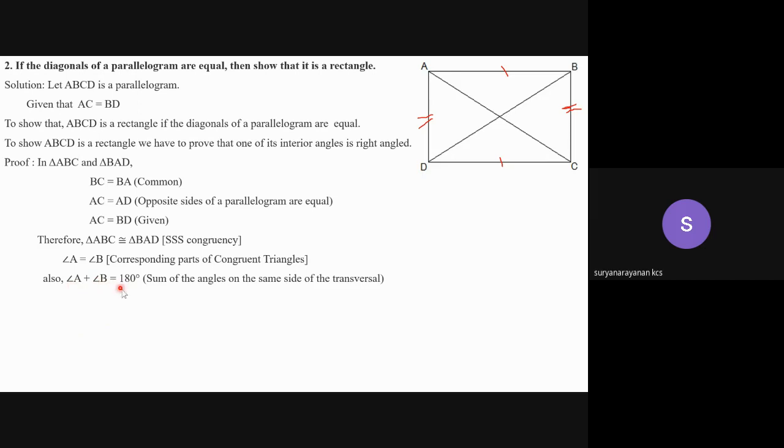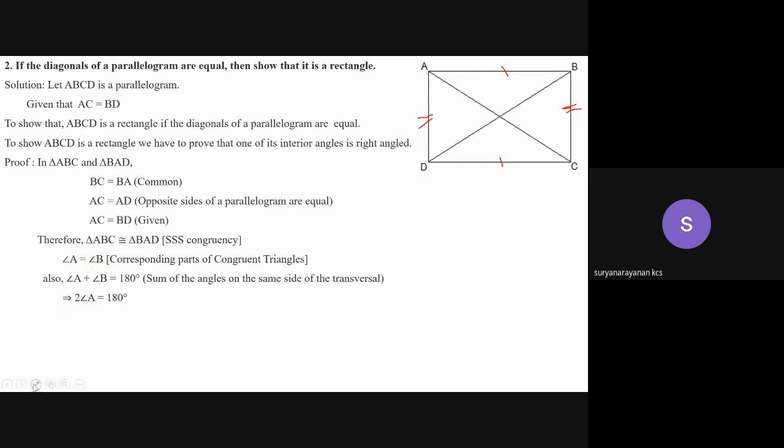Angle A plus angle B is equal to 180 degrees. That implies 2 angle A is equal to 180 degrees. Why 2 angle A? Because angle B is equal to angle A, which we have shown by corresponding parts of congruent triangles.